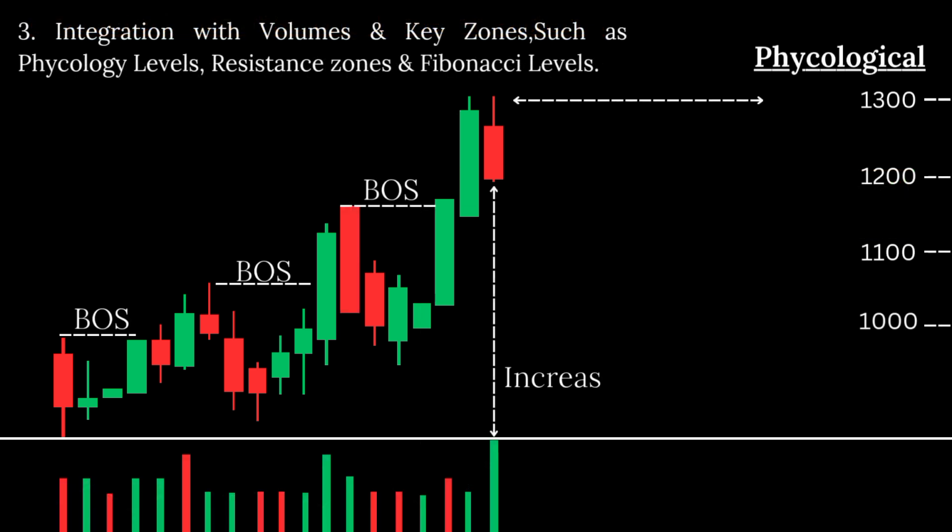3. Integration with volumes and key zones, such as psychological levels, resistance zones, and Fibonacci levels.